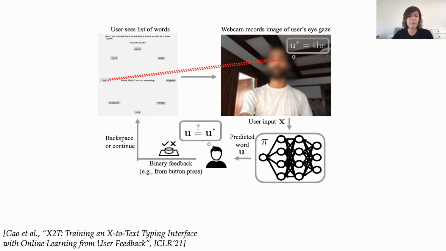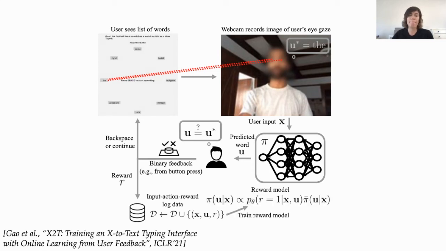So in particular, we train a reward model, we train a reward signal to be a binary classifier that predicts the likelihood of this backspace to happen. And what this lets us do is actually use the default interface and the default decoder and improve upon it.